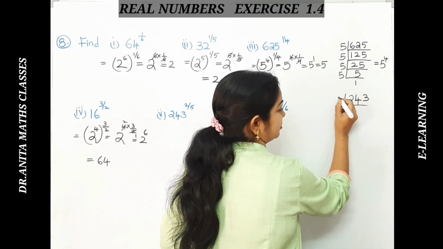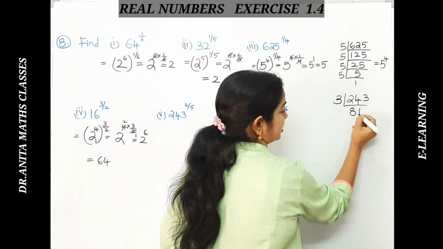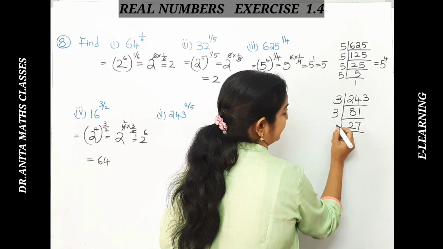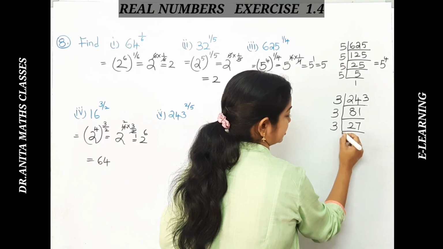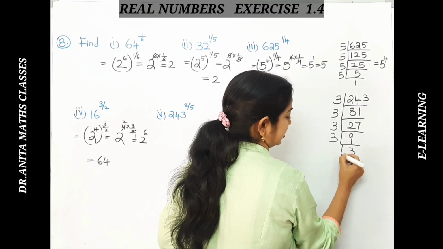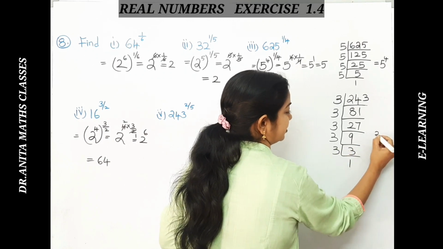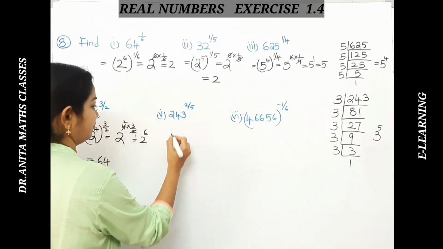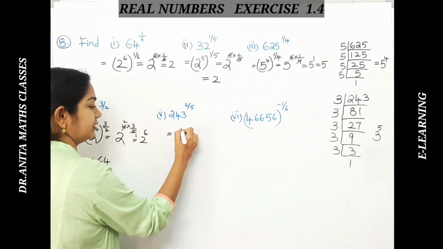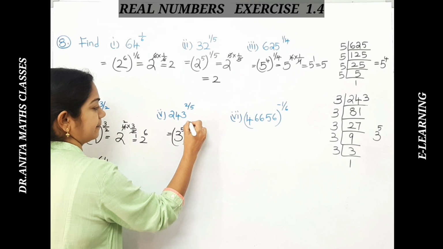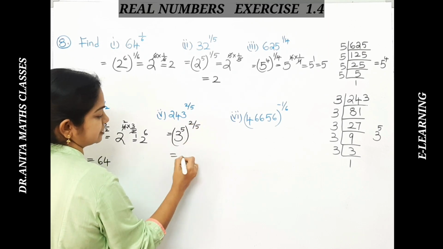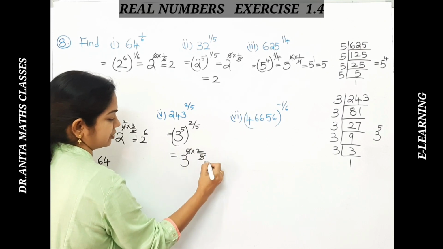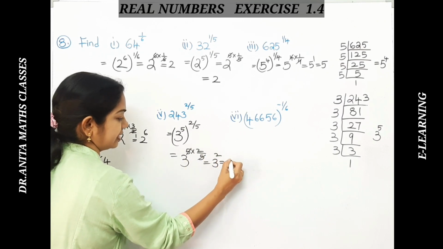So this goes with 3. 3 times 81 is 243, 3 27s are 81, 3 9s are 27, 3 thrice are 9, and 3 1s are 3. So this is 3 raised to the power of 5. You have to remember 243 is 3 raised to the power of 5. If you remember, you can easily calculate. So this becomes 3 to the power of 5 multiplied by 2 by 5. 5 goes off. 3 squared is 9, 3 into 3.